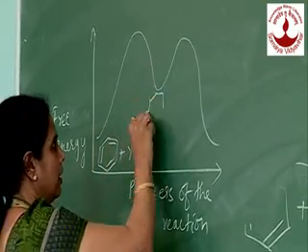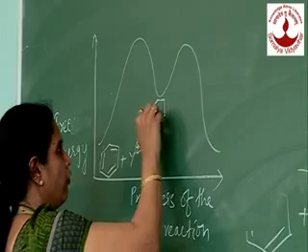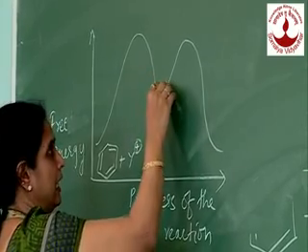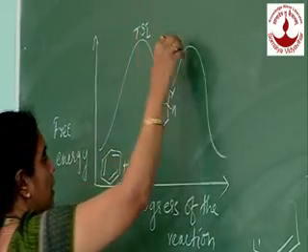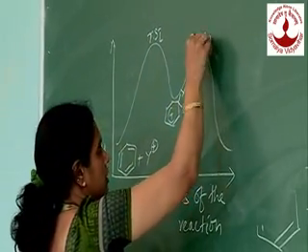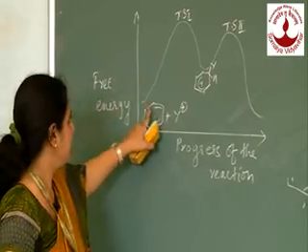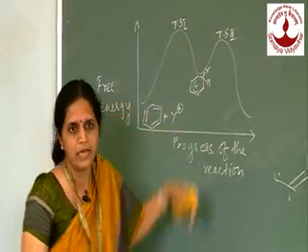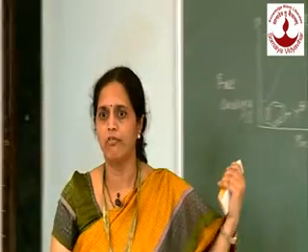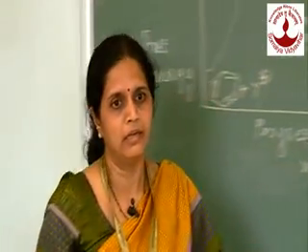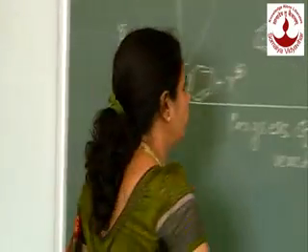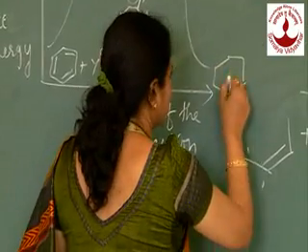Here will be the formation of the carbocation, arenium carbocation. This is transition state 1, and here lies transition state 2. So the benzene ring has to overcome this barrier of transition state 1 before it can form the arenium carbocation, and it has to cross the second barrier before it can give you the substituted product.